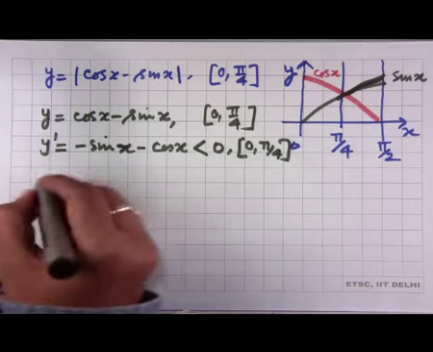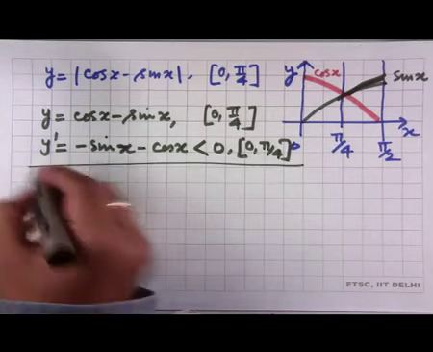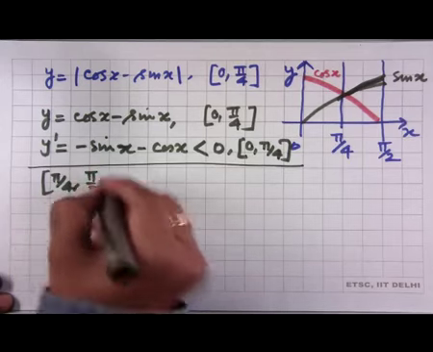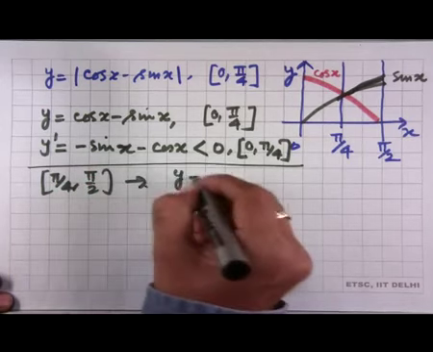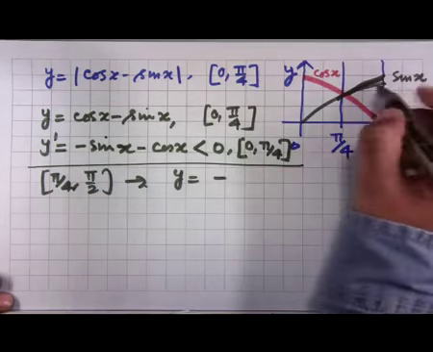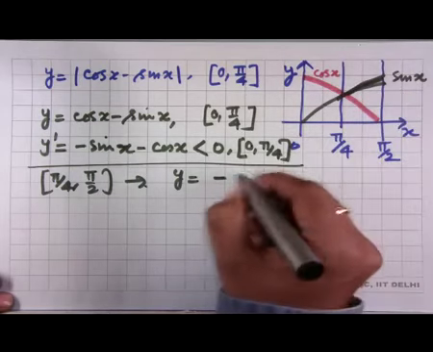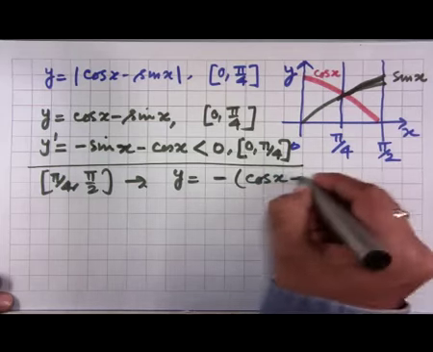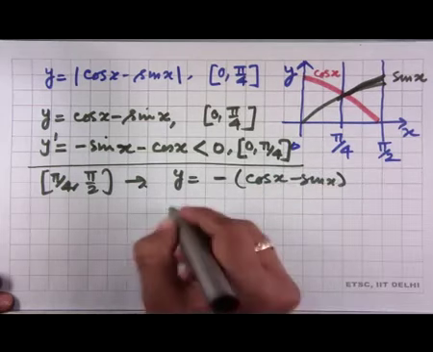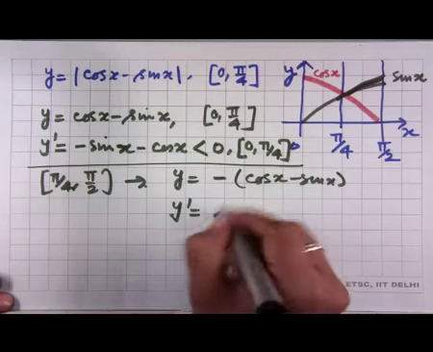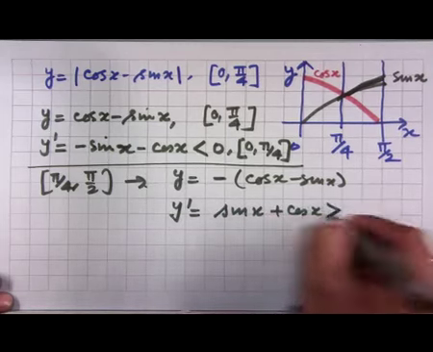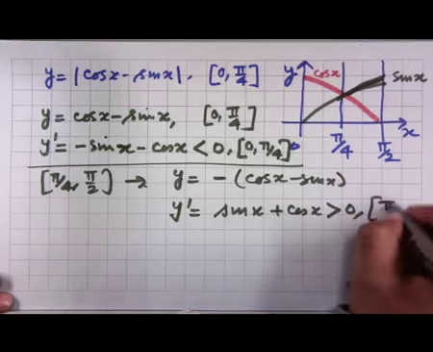Similarly, for the other interval, from pi by 4 to pi by 2, y is minus of cos x minus sin x, because sin x dominates cos x, and y dash will be sin x plus cos x, which is always positive in this interval.